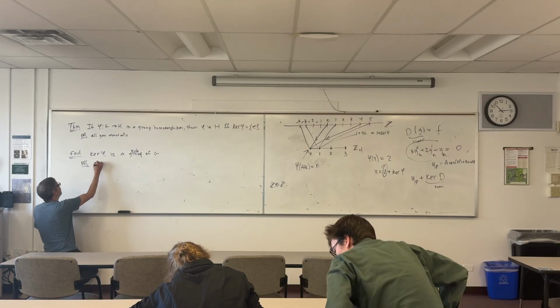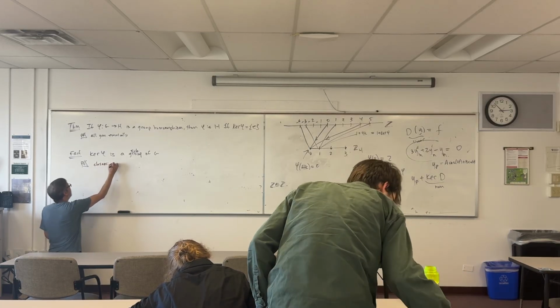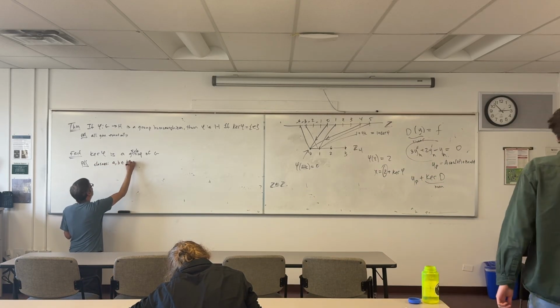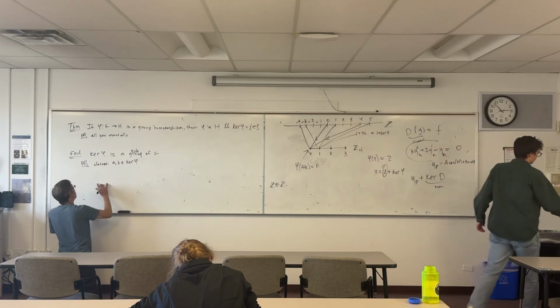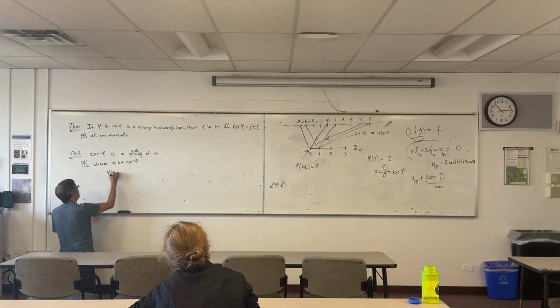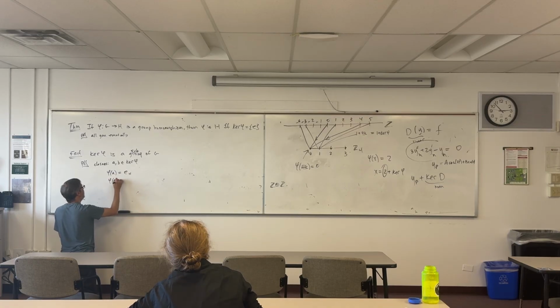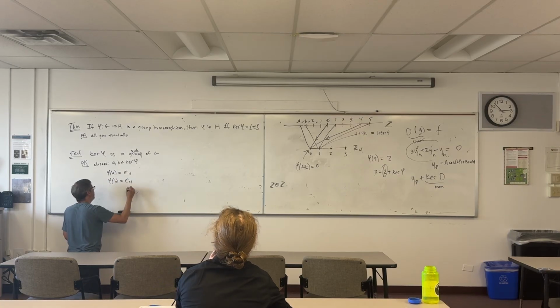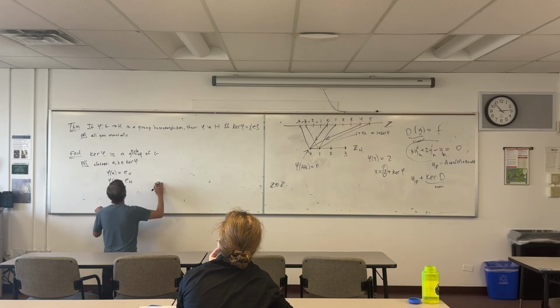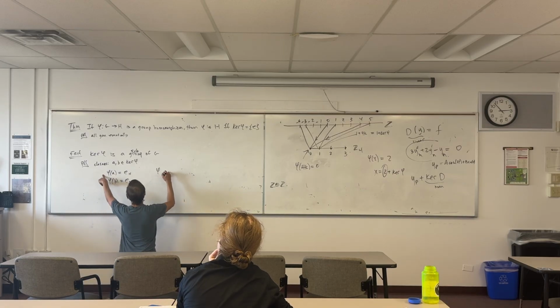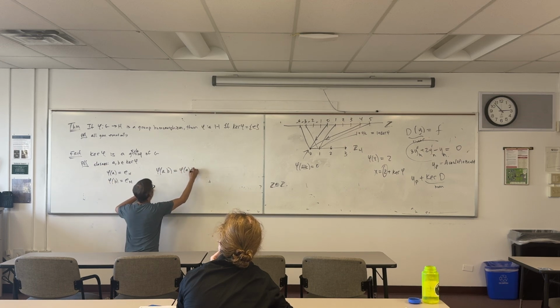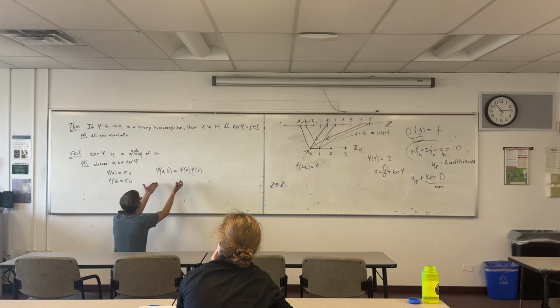So closure would be this. I'll take A and B in the kernel of phi. Then that means phi of A is the identity in H, and phi of B is the identity in H. And because this has group structure preserved, phi of A times B is phi of A times phi of B. And this is the only thing I have.